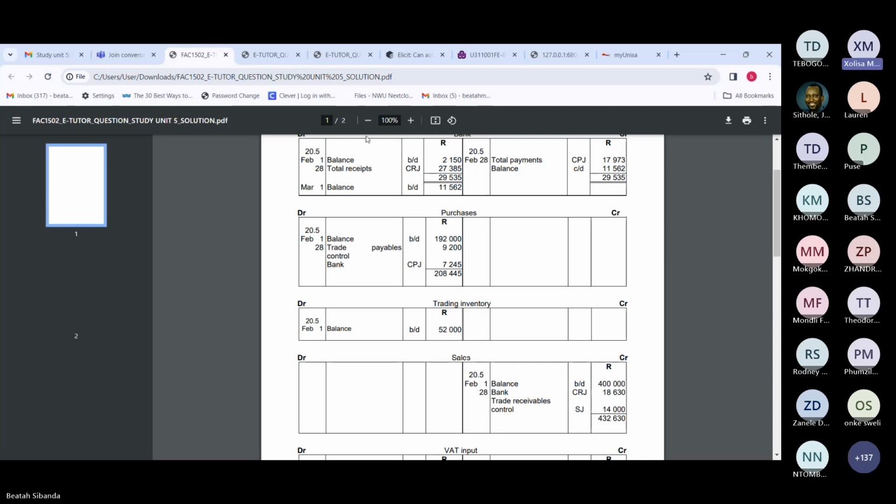So you would put whatever the contra account is. In that transaction where you're crediting your bank and debiting your purchases and your input VAT, on the debit side you've got your purchases and your input VAT. The contra account there is going to be bank. If you look at your purchases, remember your purchases, can you just go quickly up or down, do you see purchases, the 7,245?